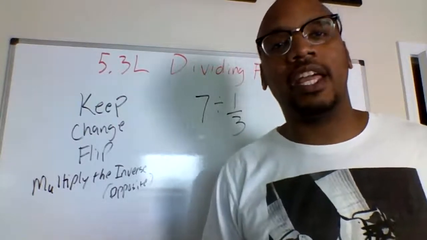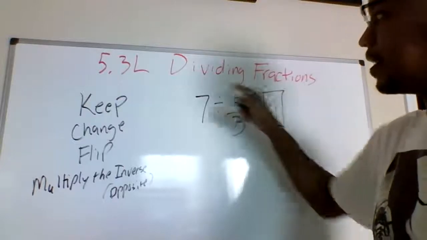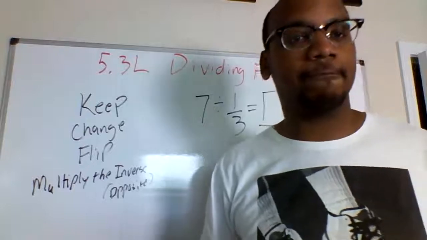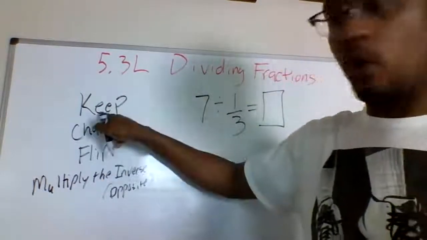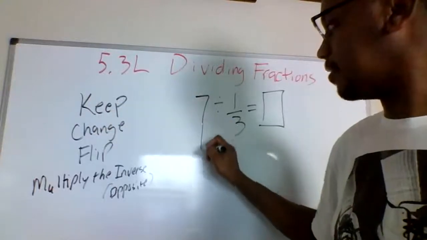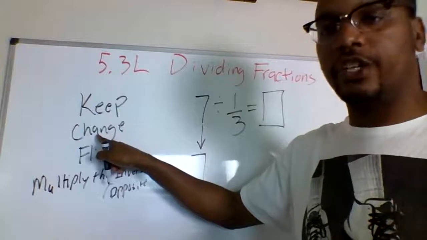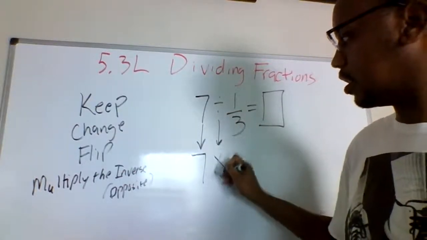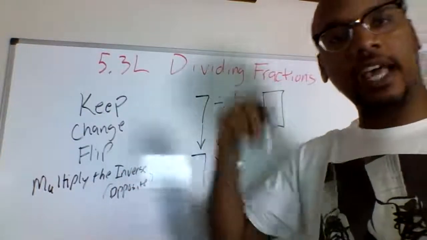Now, you also know it's 7 because all the answer choices are whole numbers. And if you ended in a whole number answer, that means the total that you started with had to be a whole number. Right? Now, I'm going to keep the total the same at 7. I'm going to change division into multiplication. And I'm going to flip 1/3 upside down.